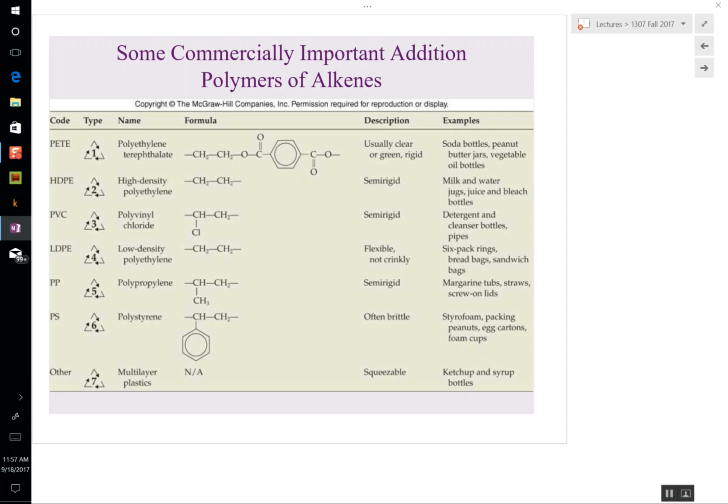You see the BPA label on a lot of, like your water bottle, if you bought that, it'll say no BPA. So it's one of these, maybe this, I'm not sure what plastic it would be, but it's not a plastic that will leach out bisphenol A, which you do not want. You don't want bisphenol A leaching out into your foods and things like that.